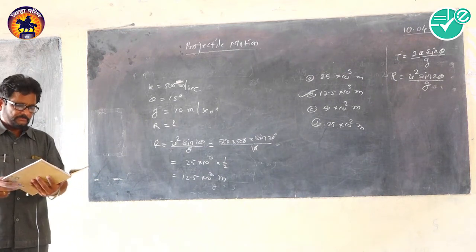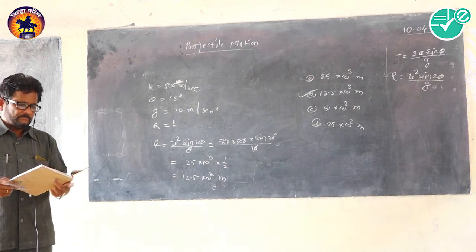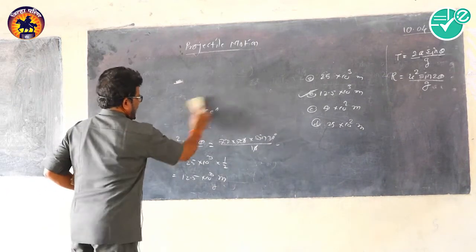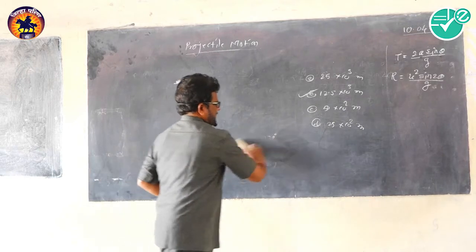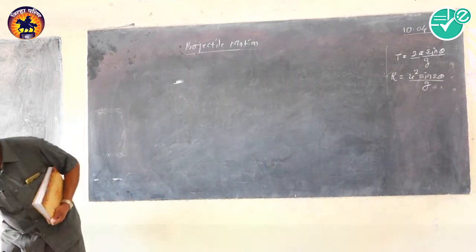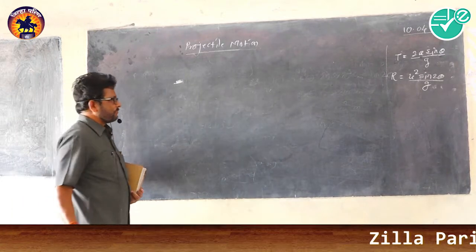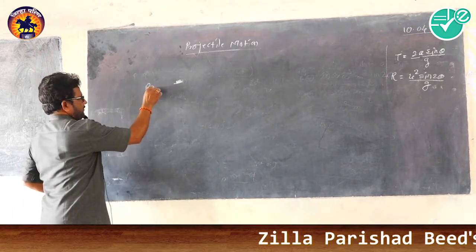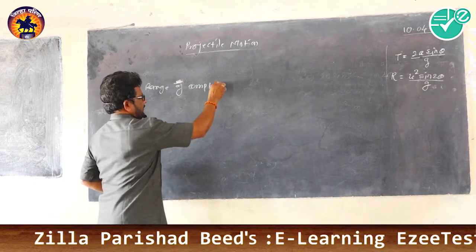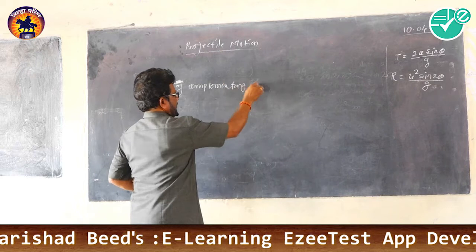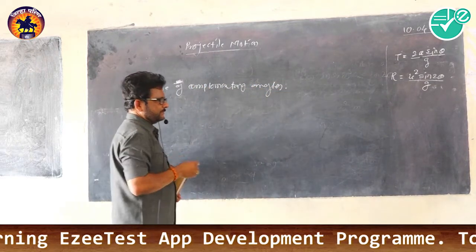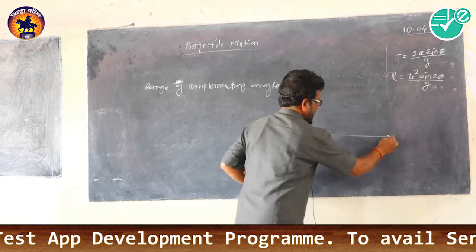Then one more point about range we have to discuss, that is the range for complementary angles. Suppose this is the XY plane.